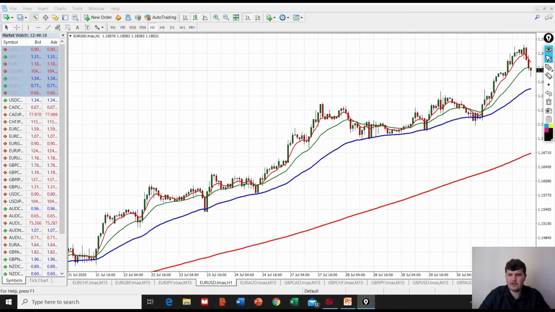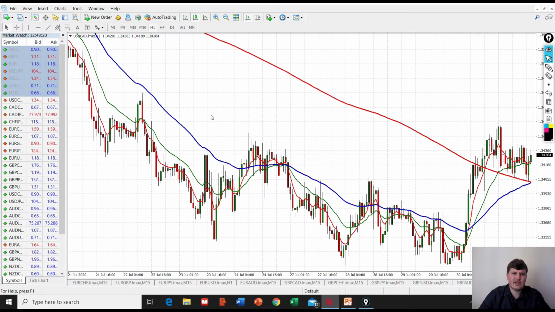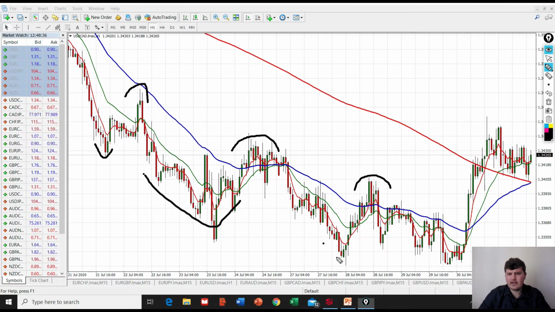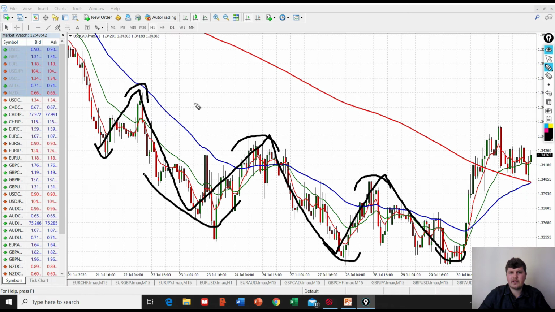If we go to the US dollar Canadian dollar, and make use of the same two methods as mentioned previously for downtrends, we can see by using this high, it made a lower high and a lower high. Using this low, it made a lower low and a lower low. So the market is just going down the stairs and is on a clear downward move.